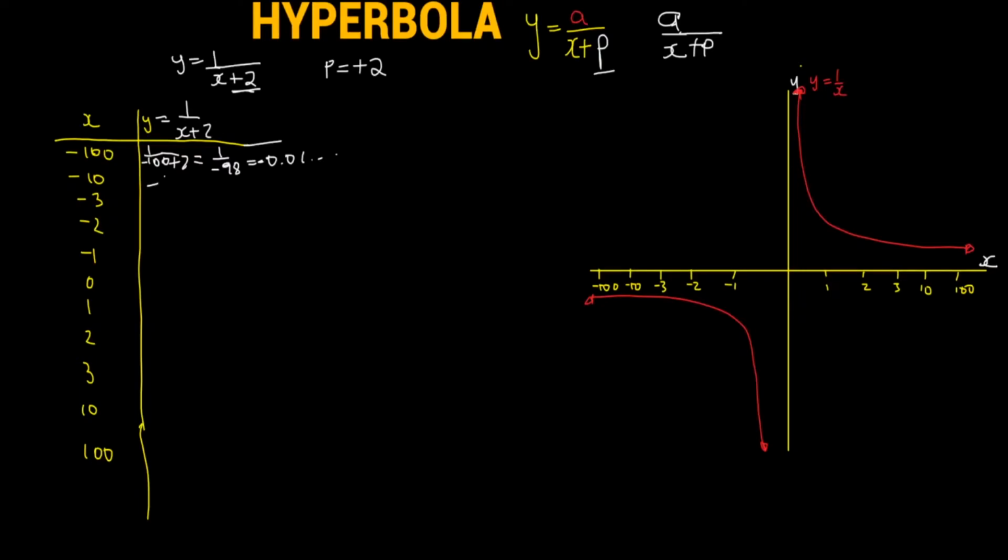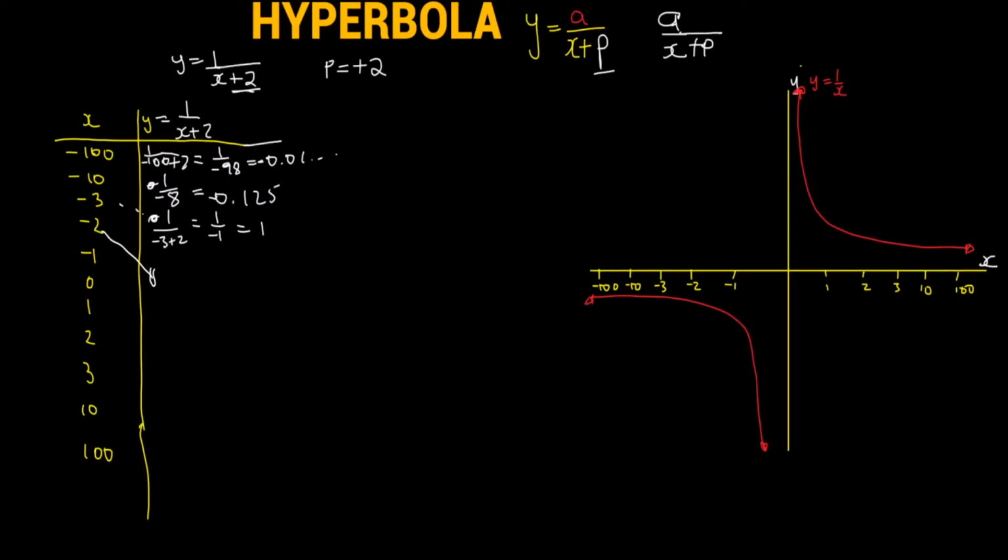And then here you're going to have 1 over minus 8, which is minus 0.125. And then you do the same for minus 3, and you will have 1 over minus 3 plus 2, which is now 1 over minus 1, which is just minus 1. And we go to 2.